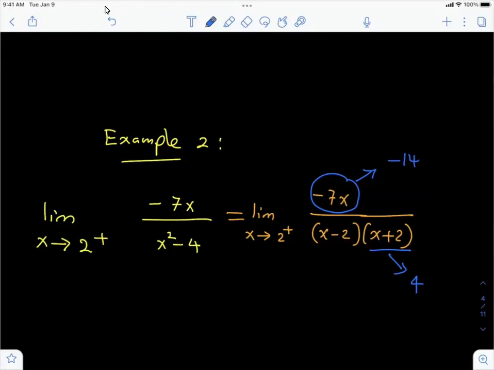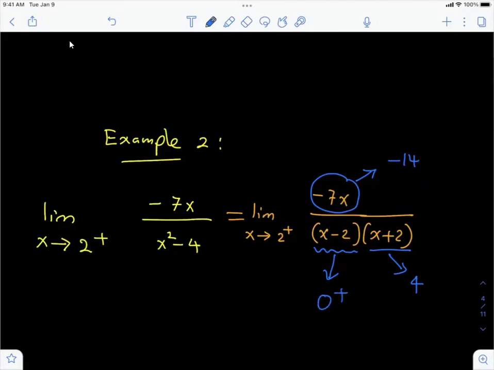And in the meantime, consider this component, the mysterious component in this computation. When x goes to 2 from the positive side, this goes to 0 as a positive number. Now look at each and every component.